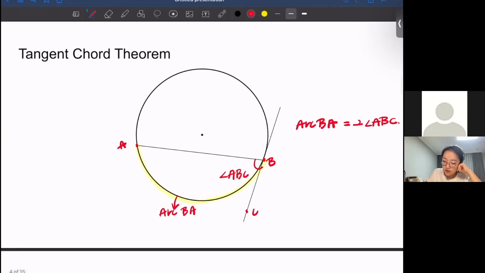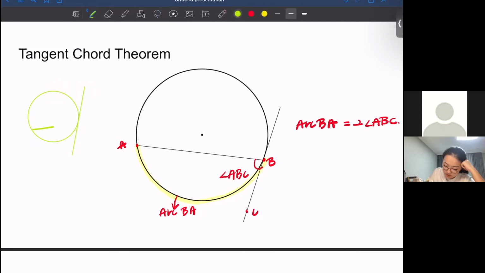Let's look at one of the most basic questions containing this concept. You have a circle and a tangent here, right?